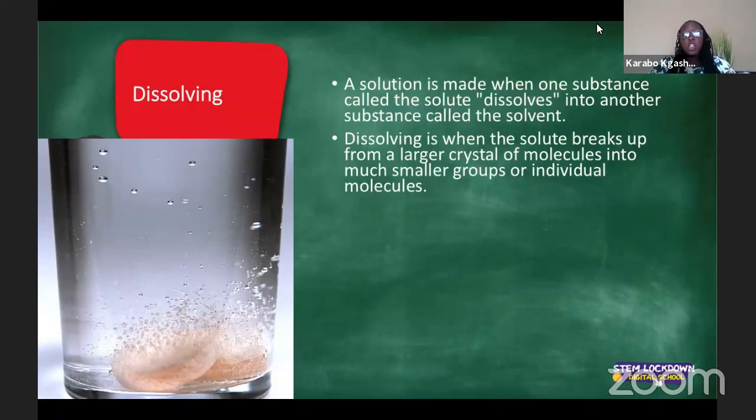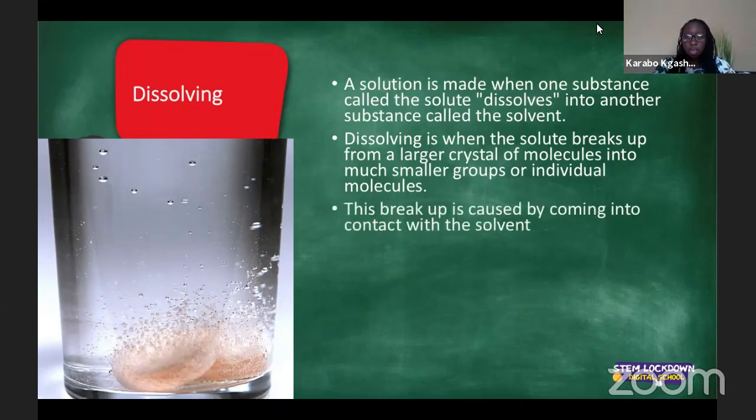From a large molecule, it dissolves in the solvent, becoming a smaller molecule. It's still there, but we just cannot see it. This breakup is caused by coming into contact with the solvent. So the reason the sugar is dissolving is because it's coming into contact with the solvent. Remember, the solvent is the water.